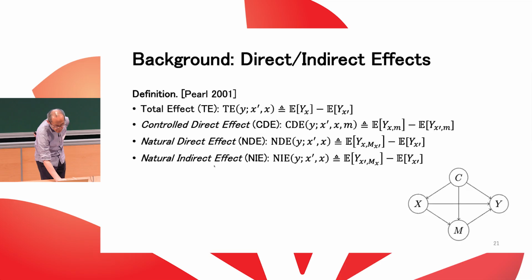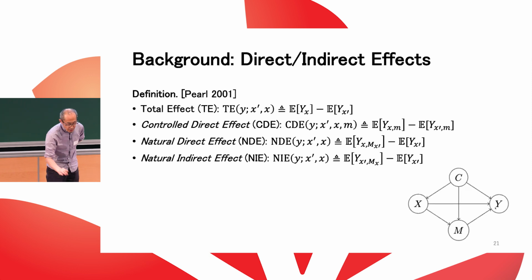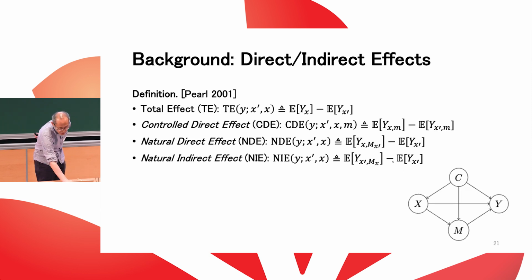And then we have the definition of natural indirect effect. Intuitively, I want to capture the effect that just goes through the mediator m, but not the direct one. So this one is defined as: you keep the value of x to be x prime, and we just change the value of m to take the value when x is set to x, versus m taking the value when x is set to x prime.